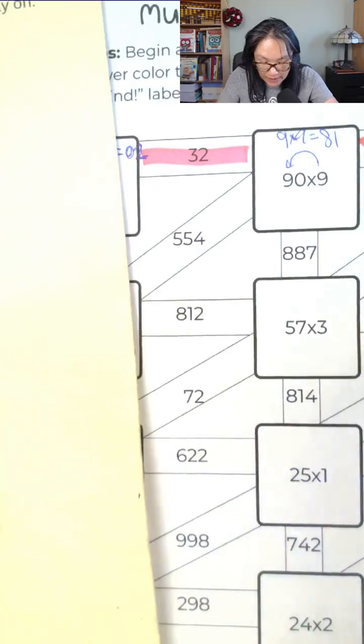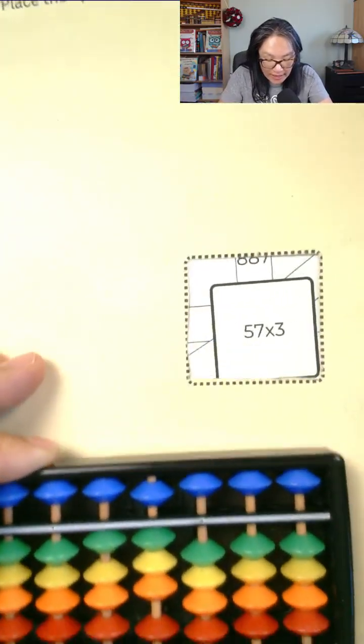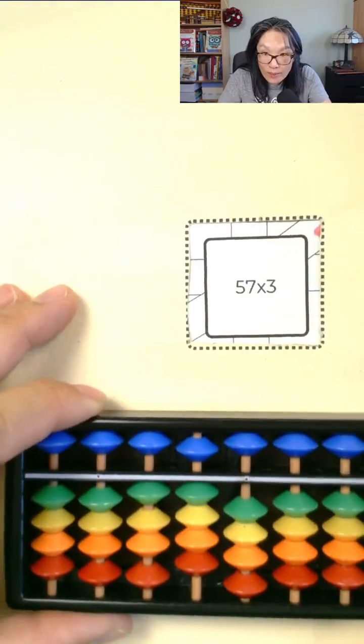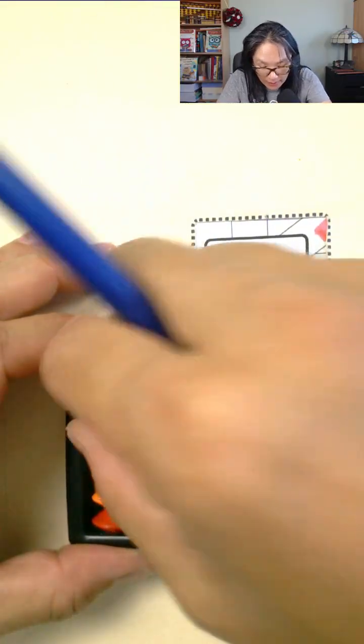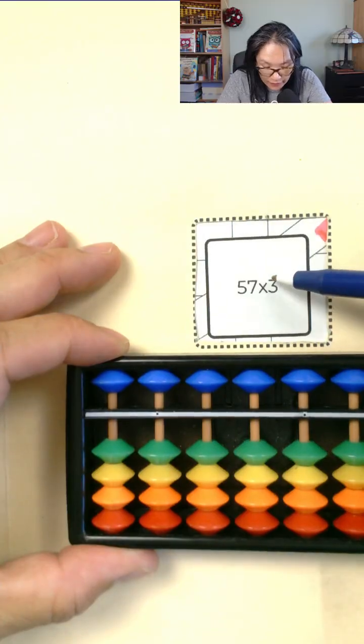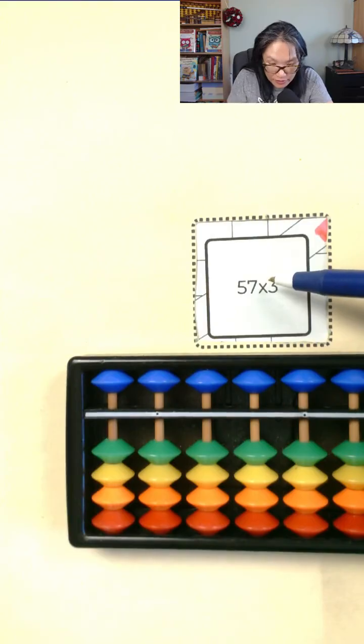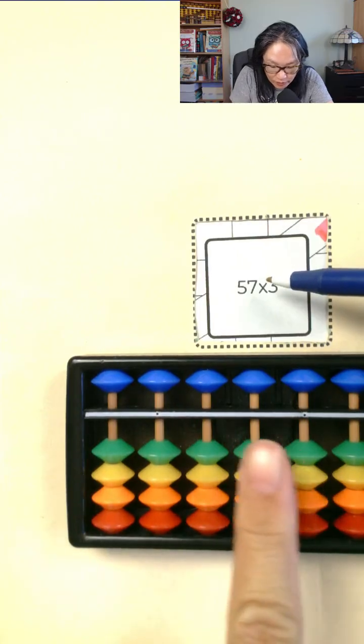And then my next question is this one. So again, you let me know how many digits do I need? Where will I put my answer? 3. Thank you, Mary Catherine. 1, 2, 3.